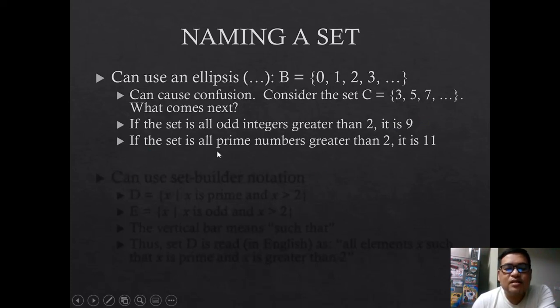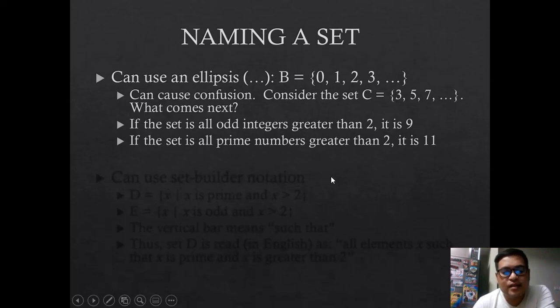If the set is all prime numbers greater than 2 and less than 11, this particular example, set C, is giving us two different characteristics: odd integers greater than 2, and prime numbers greater than 2 but less than 11. So this particular example can cause confusion.